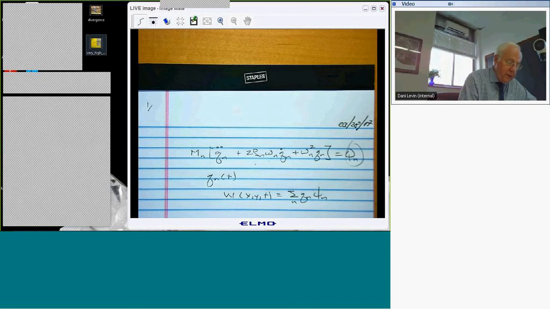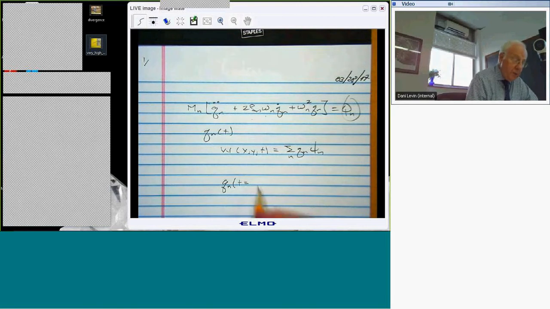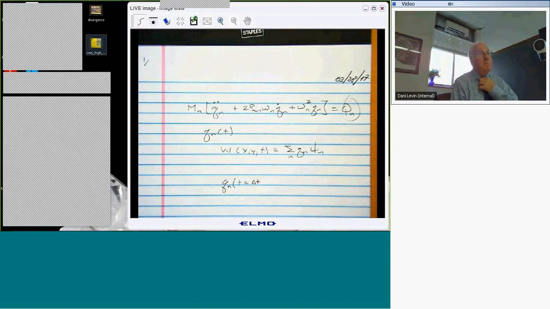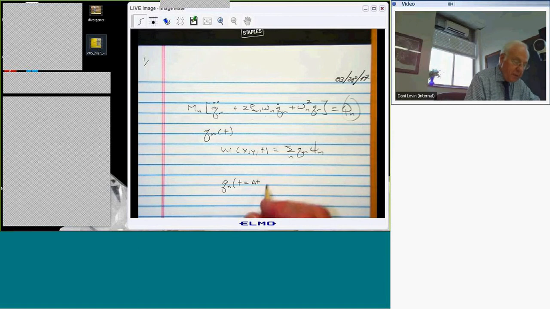It says qn at some short time delta t, where that's a time step that in most cases you don't even have to pick. They'll select it for you, but sometimes you have to pick it yourself. And I'll tell you how to pick it in a moment.